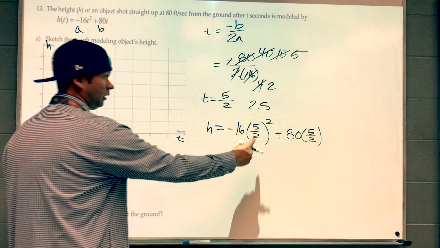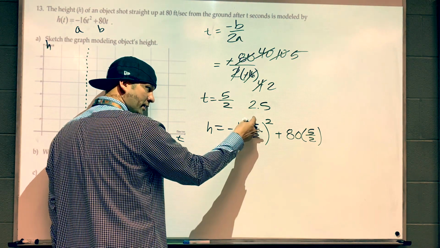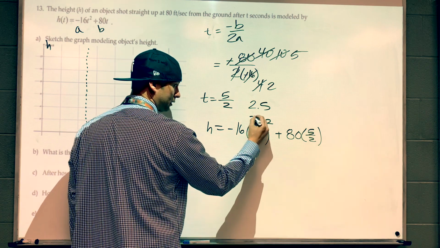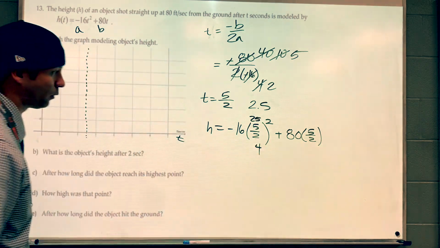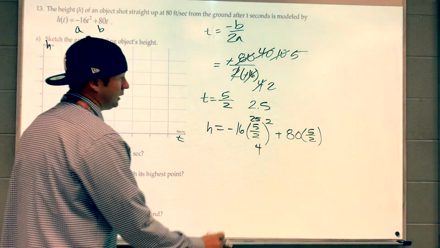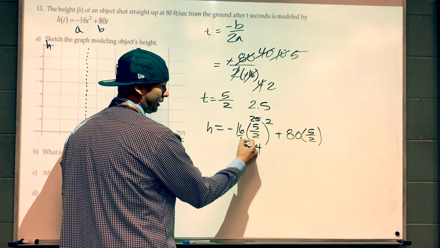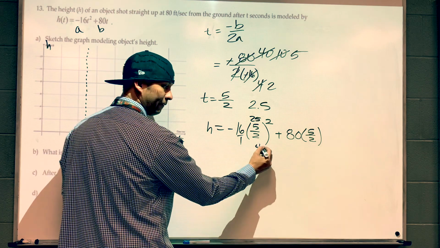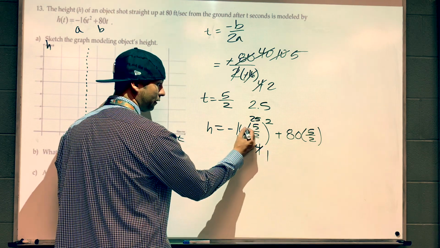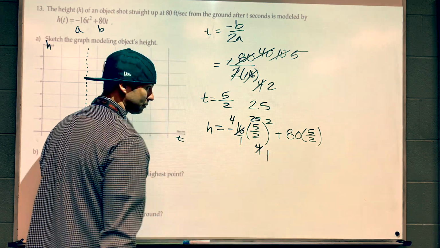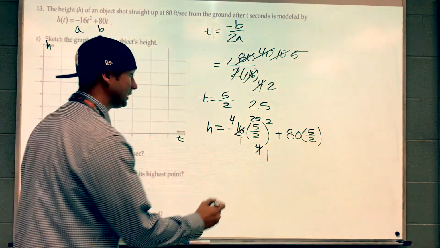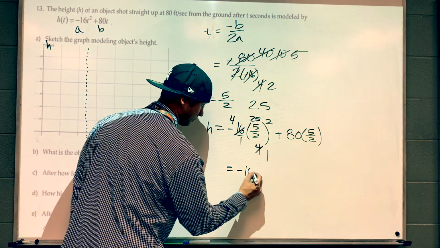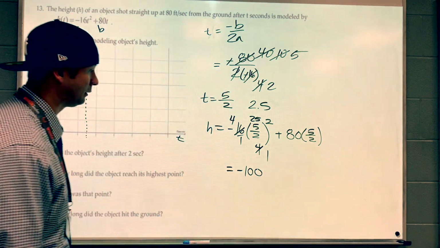Okay, I'm squaring a fraction, so square the top, square the bottom. So this is going to be 25 in the top, 4 in the bottom. Okay, I can reduce this, right? This is really over 1. 4 goes into 4 once. 4 goes into 16 4 times. So negative 4 times 25, that's negative 100.